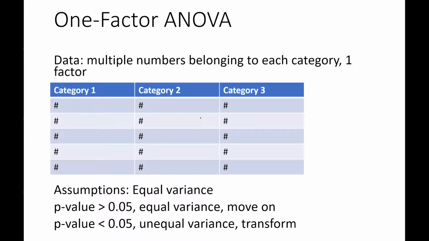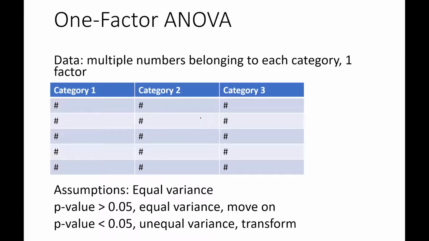For the one factor ANOVA, the data has multiple numbers belonging to each category. And there's only one factor, right? So category 1, 2, and 3, but they're all from like the same kind of factor. So could be light level, could be nutrients, could be season or location, stuff like that.